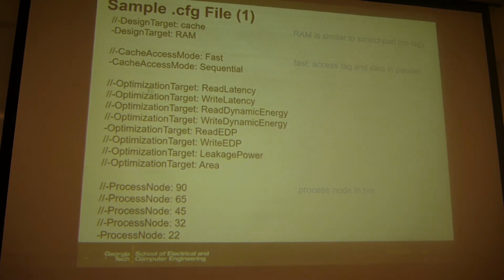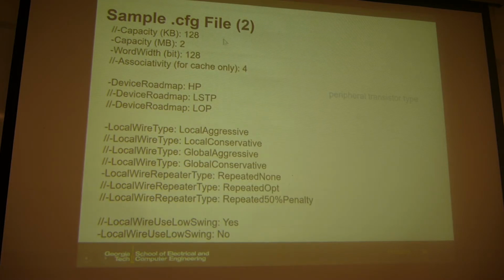You can also choose the technology node, and you can define the memory capacity you want to design. If it's for cache, you can also define the associativity in the cache. And then the device technology, like high performance, or low standby power.